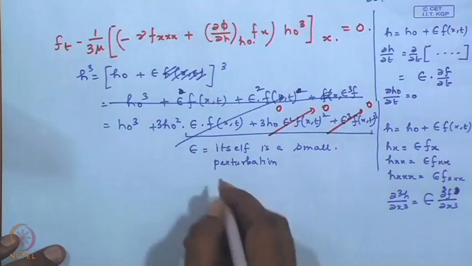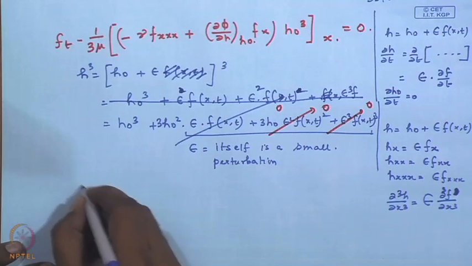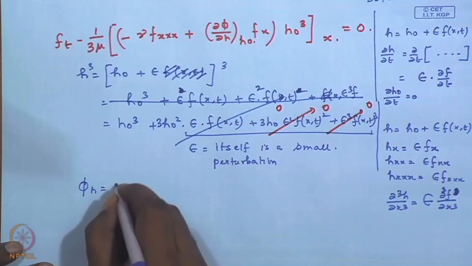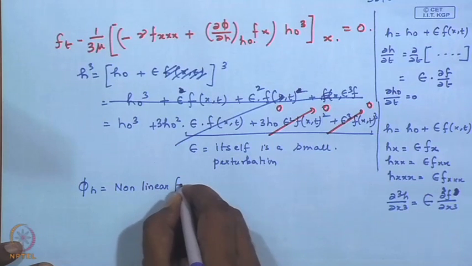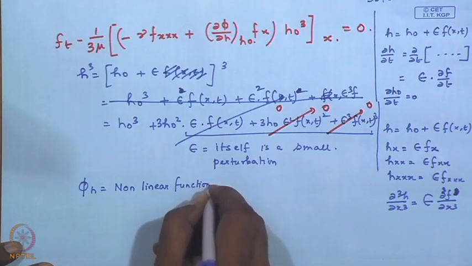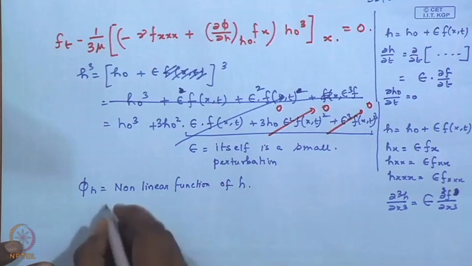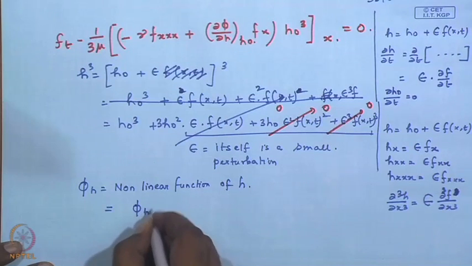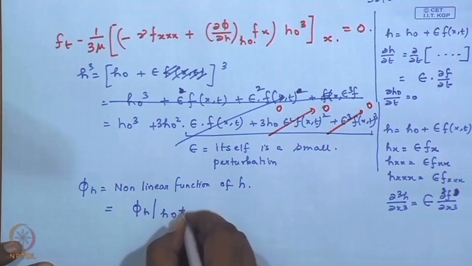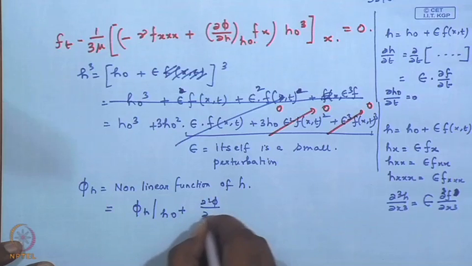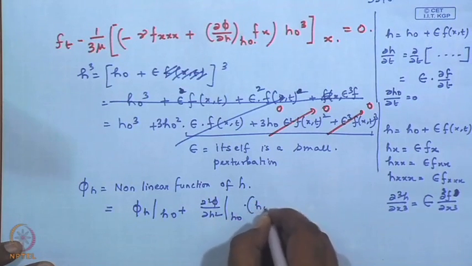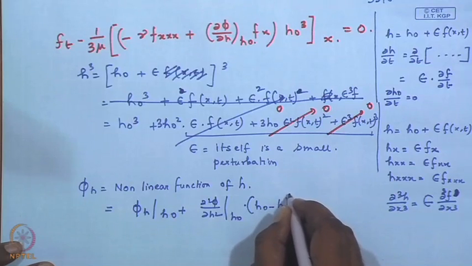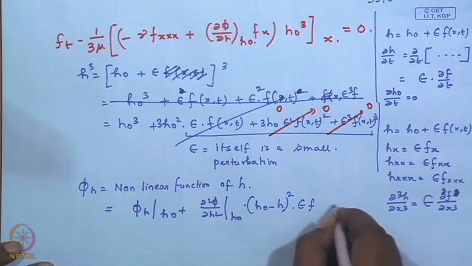The only other thing is phi(h), which is a nonlinear function of h, which we can expand as phi(h0) plus del 2 phi del h square evaluated at h0 into (h minus h0) times epsilon f and so on.